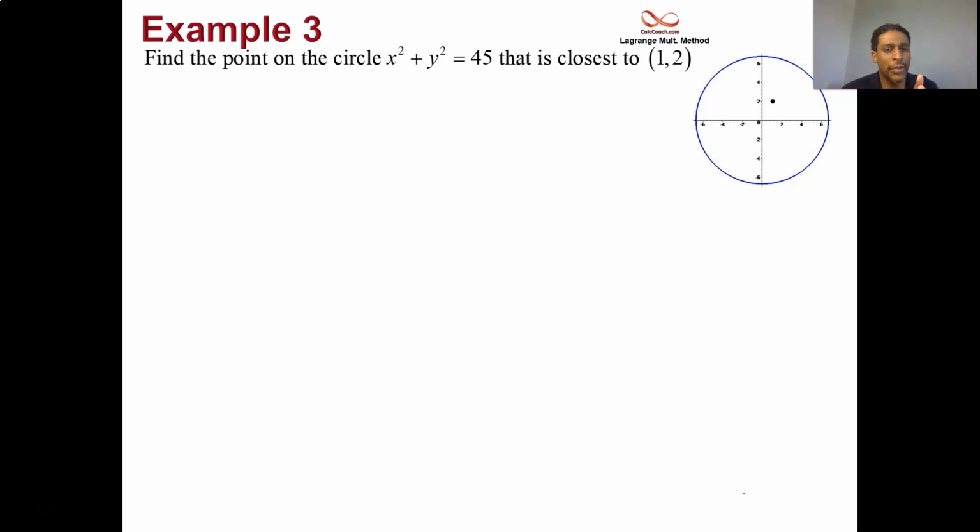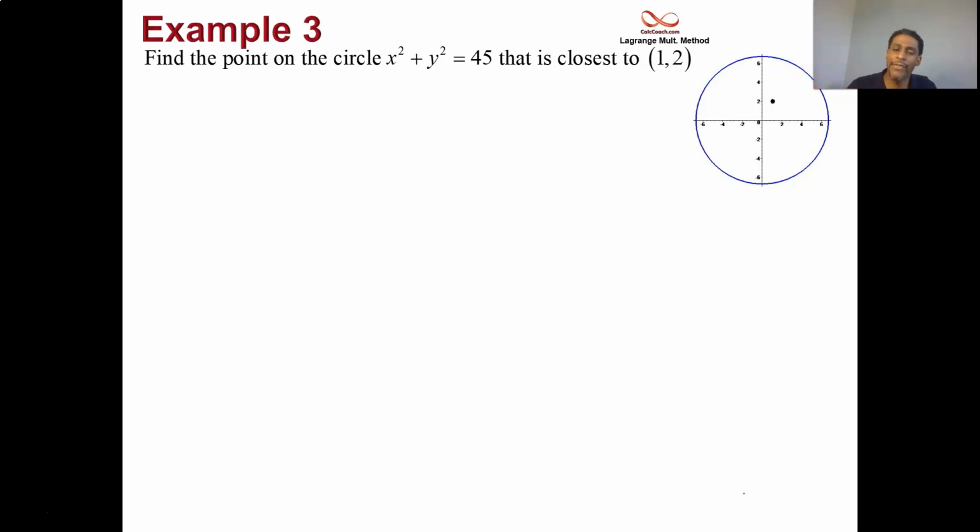Now, when you're trying to say closest, that word closest indicates to you that there's a distance that you want to minimize. That point is (1, 2). Any point that's on that circle, generically call it (x, y), and we can get the distance from a point on that circle to your point (1, 2). But generally, the distance formula has this square root on it, which makes taking derivatives quite difficult.